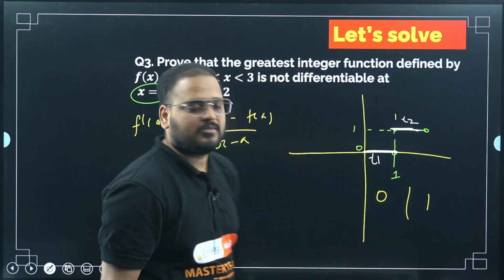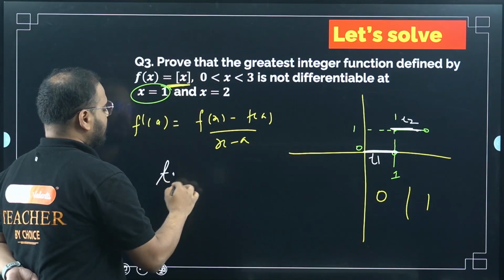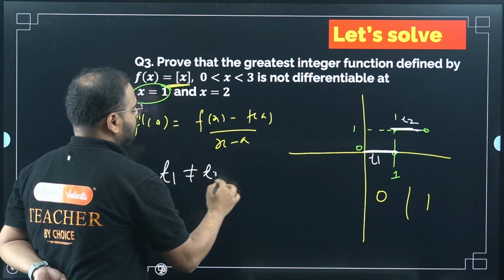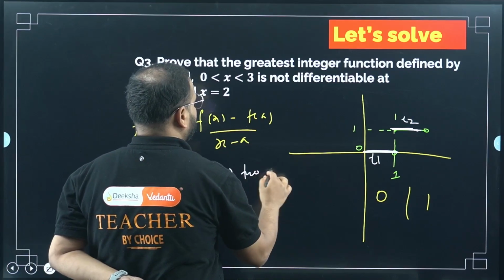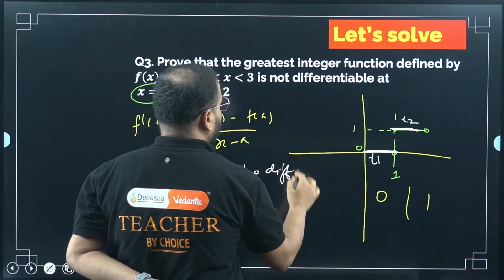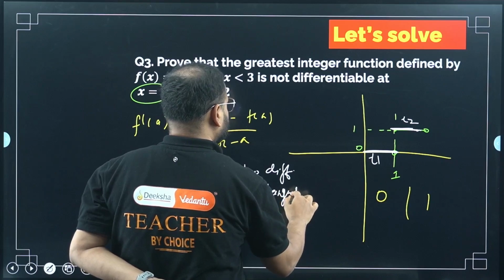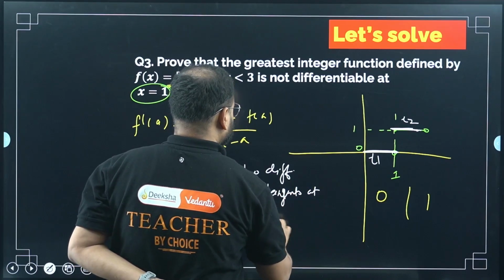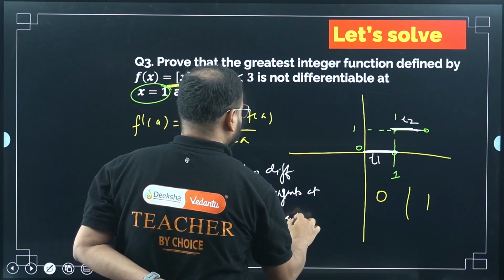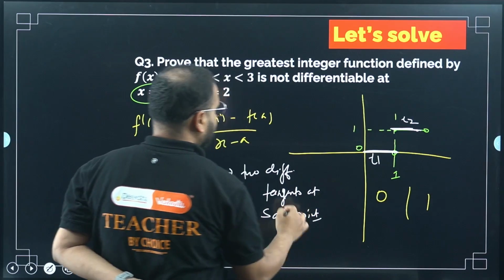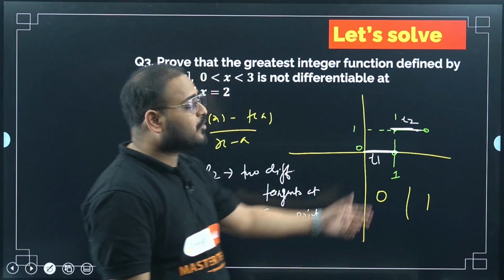Tangent 1 is not equal to tangent 2. Two different tangents at the same point, so obviously not differentiable.